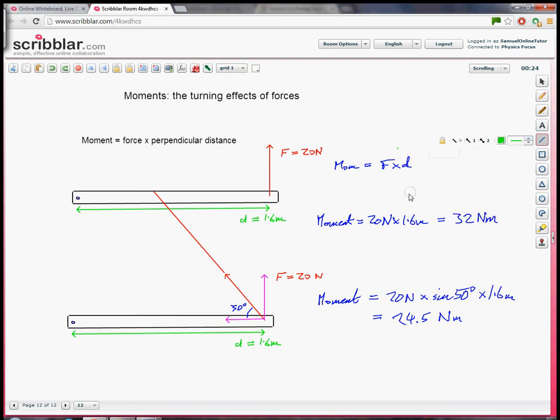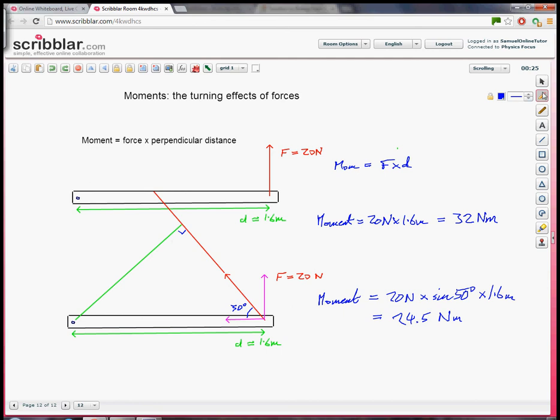In other words, the distance where it meets at right angles. About there. Such that that is a right angle. Now here we have a right angle triangle, with 50 degrees there, and the hypotenuse, the longest side, is 1.6 meters. We're interested in this green length here.